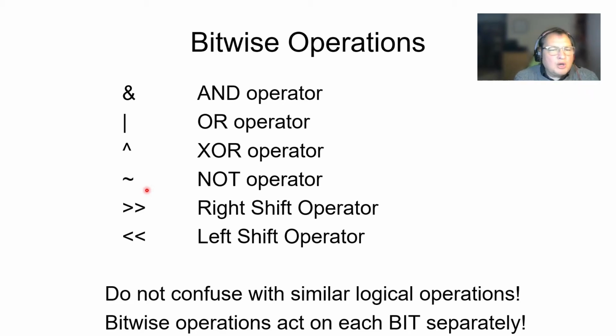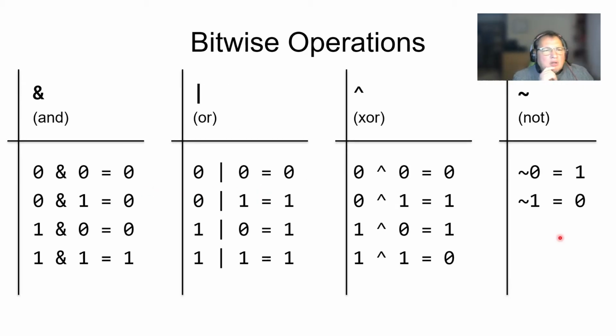We also have two other operations, right shift and left shift, which are of less importance for us, and they have no counterparts in Boolean logic. This slide shows the definitions of the 4 most important bitwise operations, so actually all operations apart from left and right shift: AND, OR, XOR, and NOT.